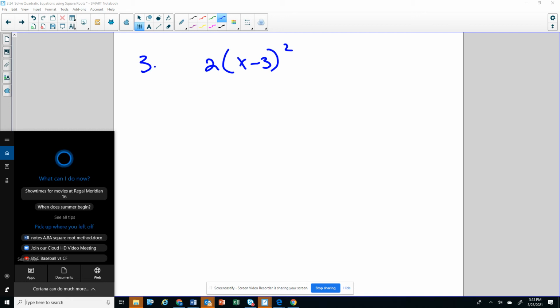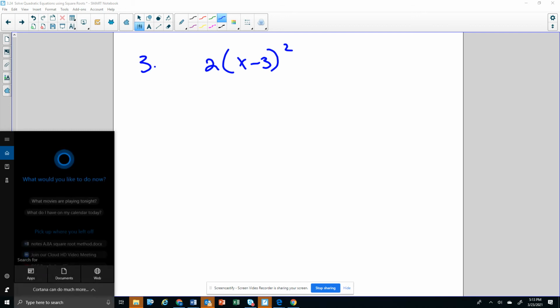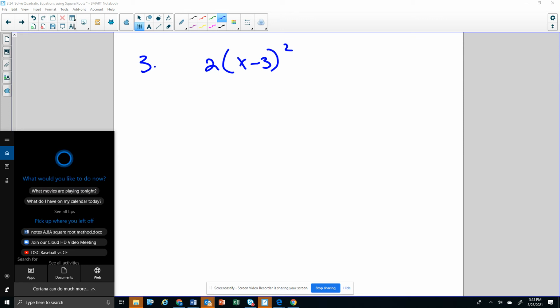How do I get out of this? Oops. All right, I'm just going to leave it. The paper hit the screen, and that came up. Okay, so let's continue, and that is equal to 10.